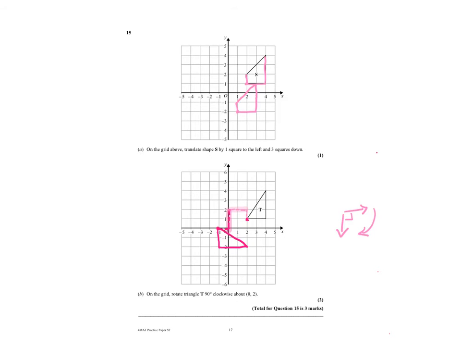So you can see if my shape was a triangle and I tipped it over by 90 degrees, it would fall on this side here. Okay, so it would fall over. This is a bit harder to explain without tracing paper, but we could see it would tip. So this would now be the base.